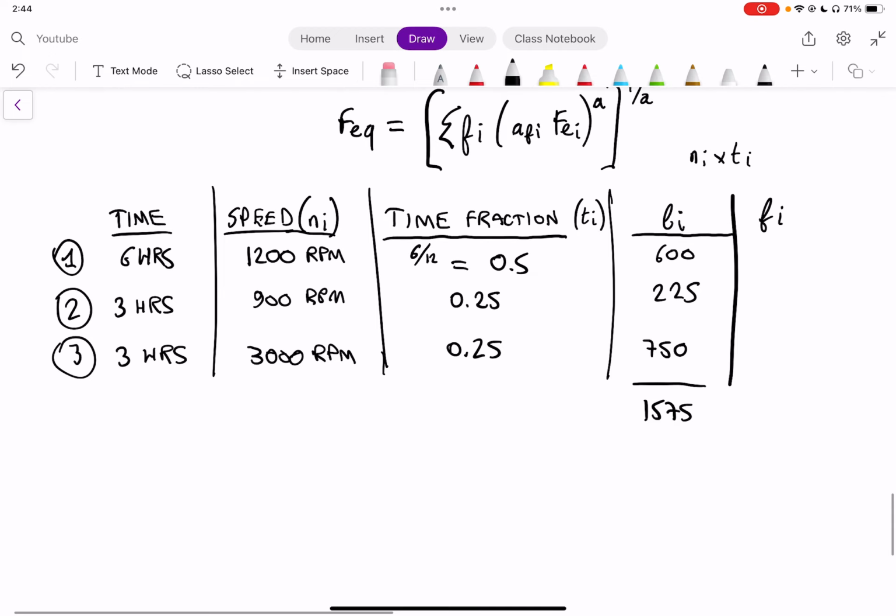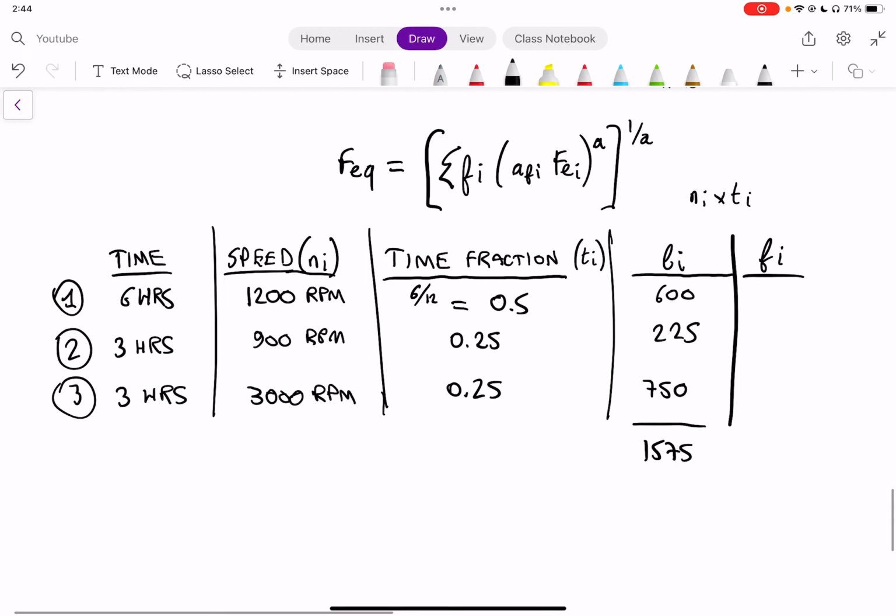If we do that, we have that F sub i is 600 over 1575, 225 over 1575, and 750 over 1575. So we get that these values are 0.381, 0.143, and 0.476. And so now we have all the values for fraction: F1, F2, and F3.